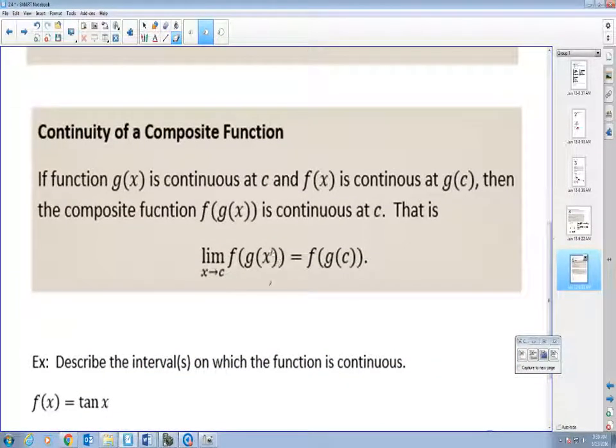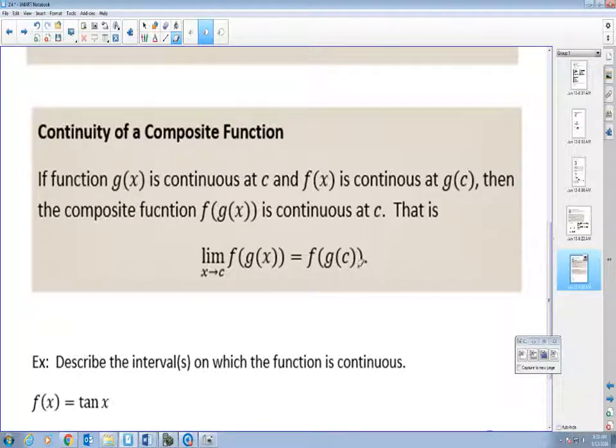So my function g of x is continuous at c. If I substitute g of x into my function f and evaluate at c, my function f of x is continuous when I evaluate at that number, g of c.